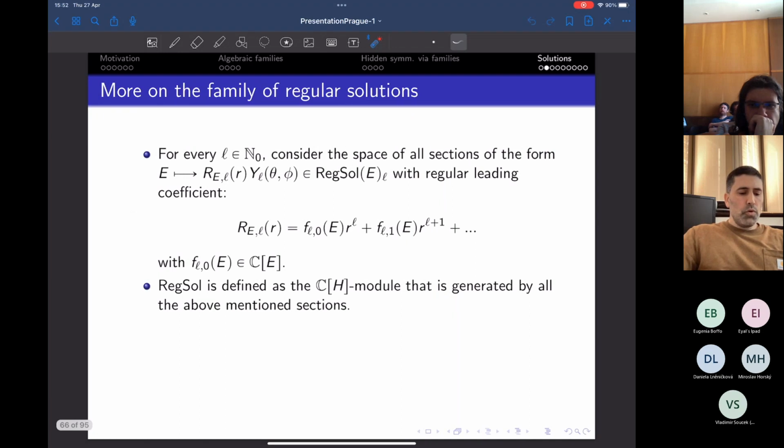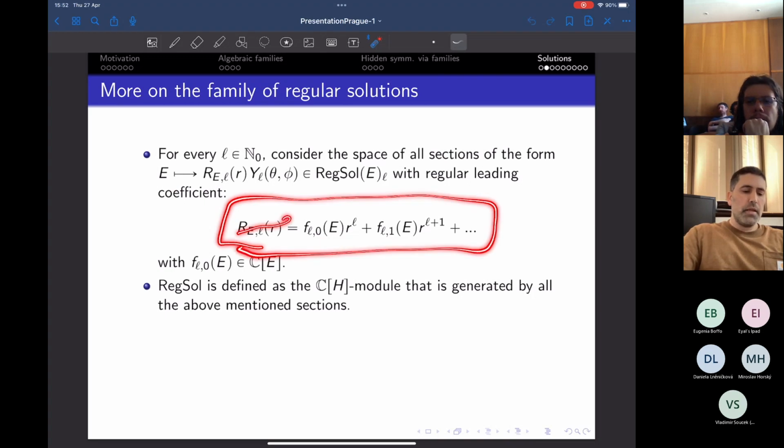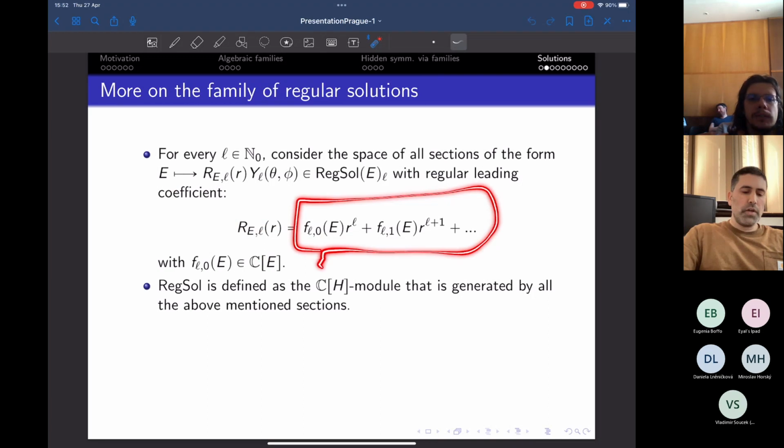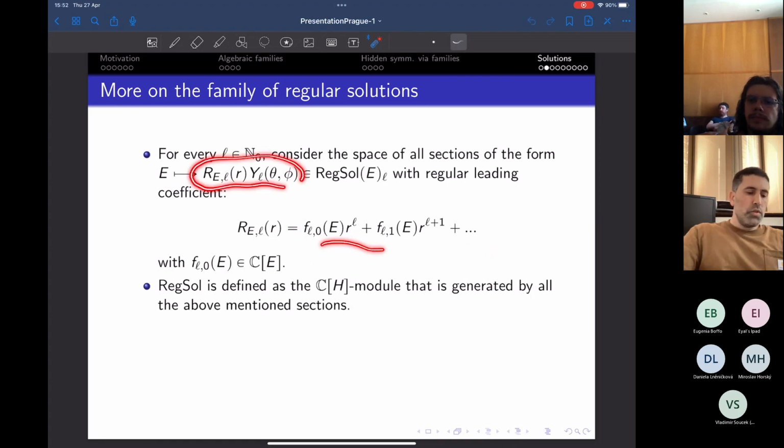Now, on such a thing, of course, the Schrödinger operator acts. It can act trivially by just multiplication of this function by E, because these things are eigenfunctions for the Schrödinger equation of this specific E. So on this type of expression, C of H acts, and also on this part, the orthogonal group SO3 acts.